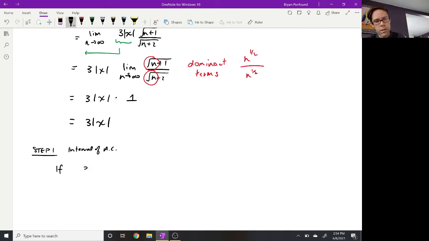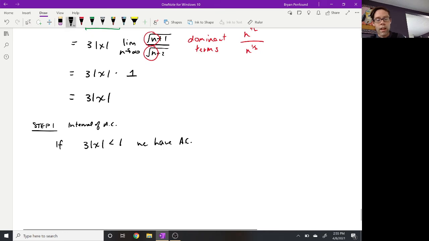Now, if our limit, which is 3 times the absolute value of x, is less than 1, we have absolute convergence. And this is something that we can certainly solve. We can divide both sides by 3 and get absolute x is less than 1/3.